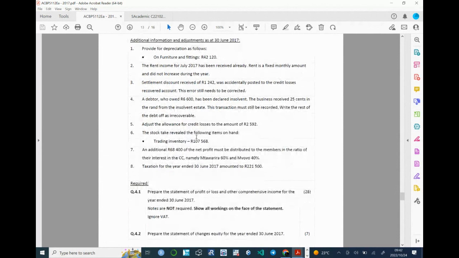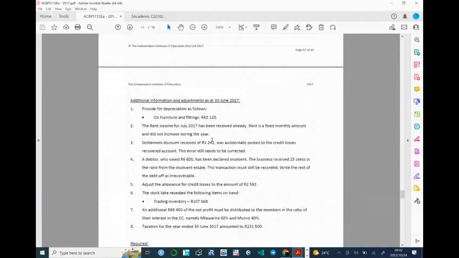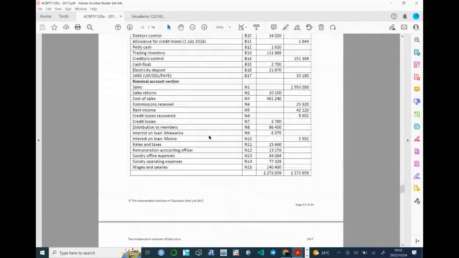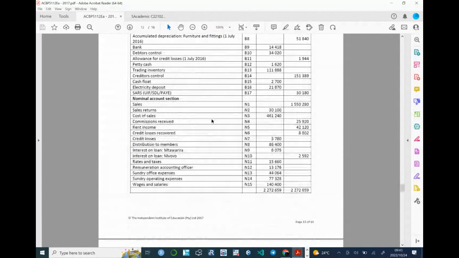Stock take revealed the following items on hand. Inventory, 107,000. Okay, so what was our inventory into our books? Trading inventory, 111,888. There's a discrepancy. What accounts are going to be affected as a result? There's less now. We had in our books 111,000.